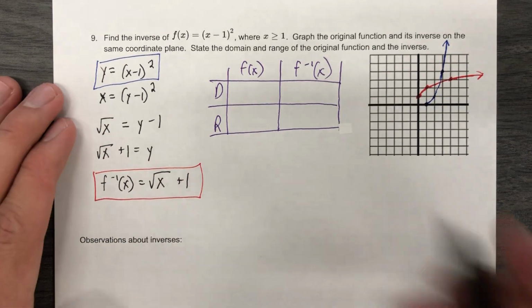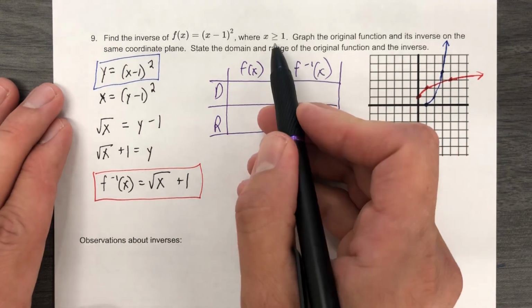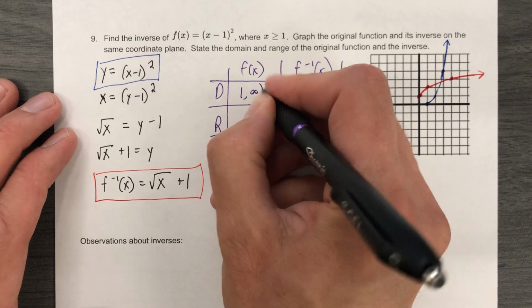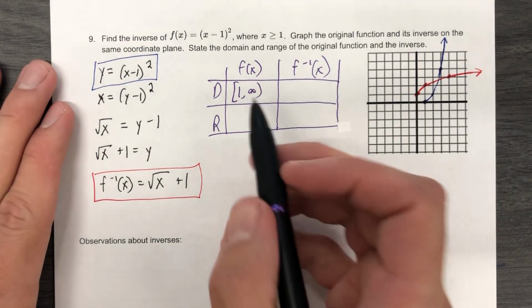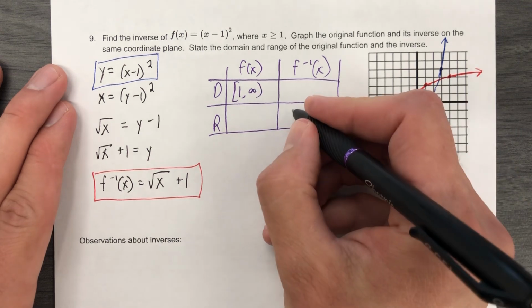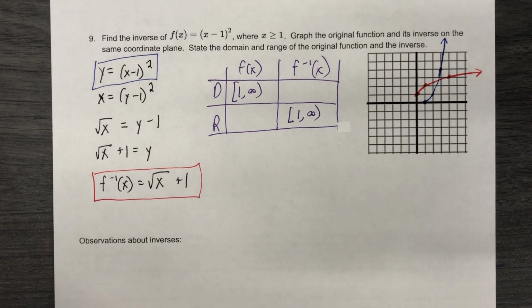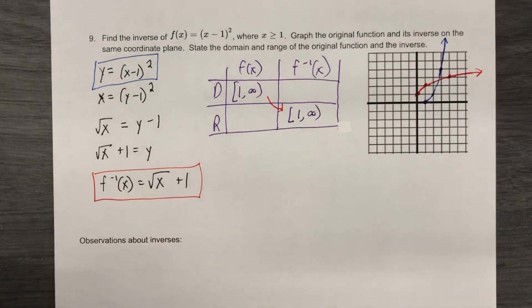Okay, the original function domain, they already told us actually. I mean, look at the graph if you want to, but they already told us it's greater than or equal to 1. So from 1 to infinity, there we go. All right, time to cheat a little bit. I know the domain of my original function, so the range of the inverse corresponds to that. So if you want to draw little arrows and be like, oh look, they are the same, that's fine, you can.